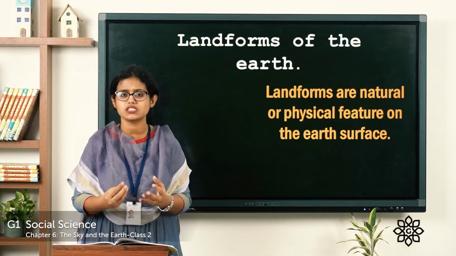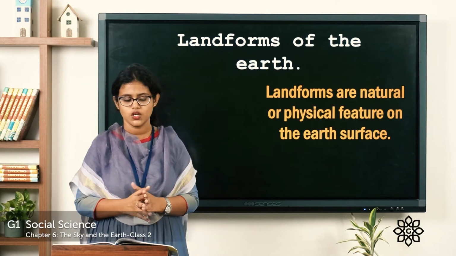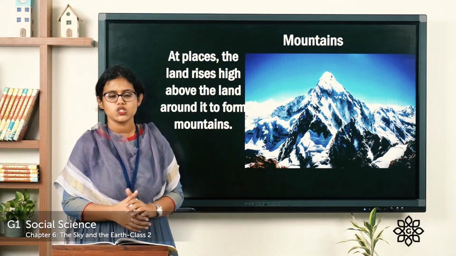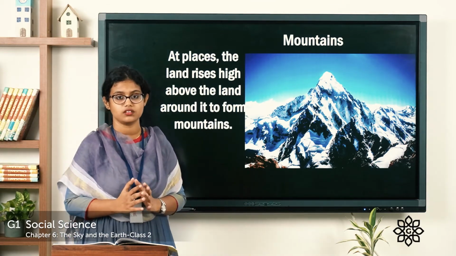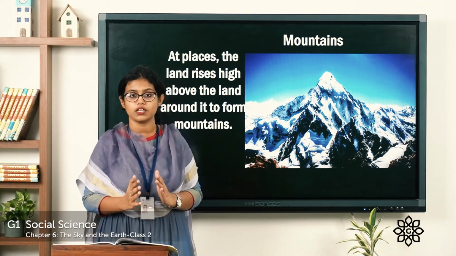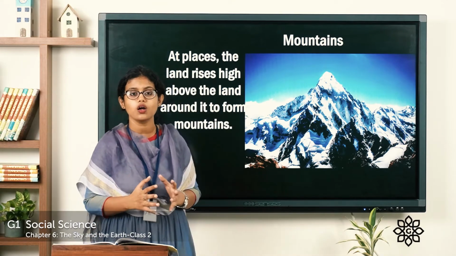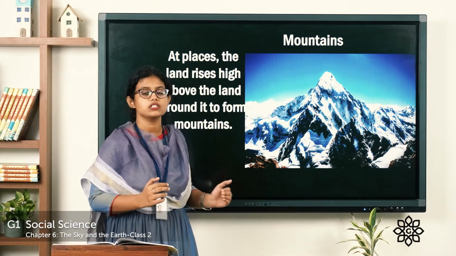Today we are going to discuss some of these landforms in detail. So first, let's start with mountain. The mountains are high land with pointed peak. So you can see the tip of the mountain. Do you know what we call the tip of the mountain? We call the tip of the mountain as the peak.